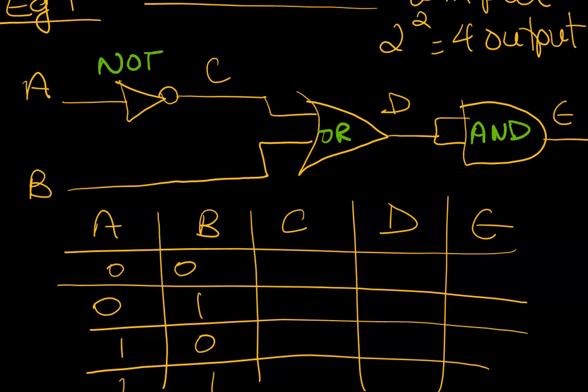Once you've correctly identified the gates, the next step is to determine the outputs. For the output of each gate, I would assign a letter if it's not already assigned in the question. I notice that I have A being one input and B being another. So having 2 inputs means that my output combinations will be 2 squared, which is 4.